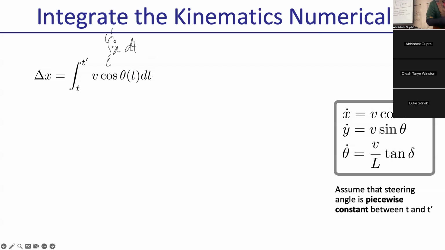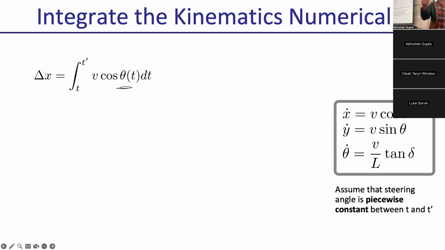We're going to integrate x dot, but x dot is v cosine theta. You want to integrate v cosine theta dt from t to t plus delta t. Now, the tricky part is that your v is constant for that time, but your theta might be changing.